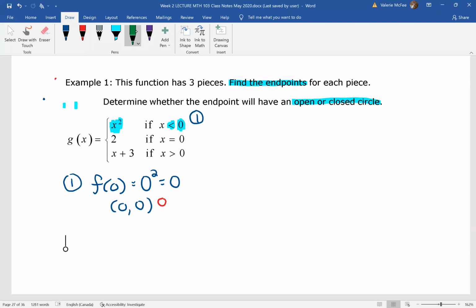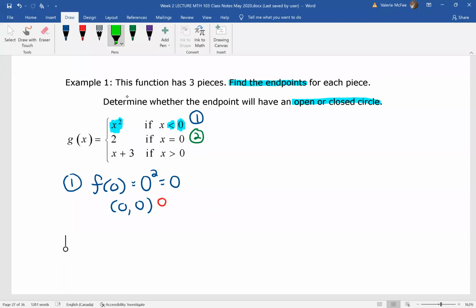Let's look at the second piece of this function. Again, we have 0. This means we're going to find the f of 0, and we're going to use this equation.